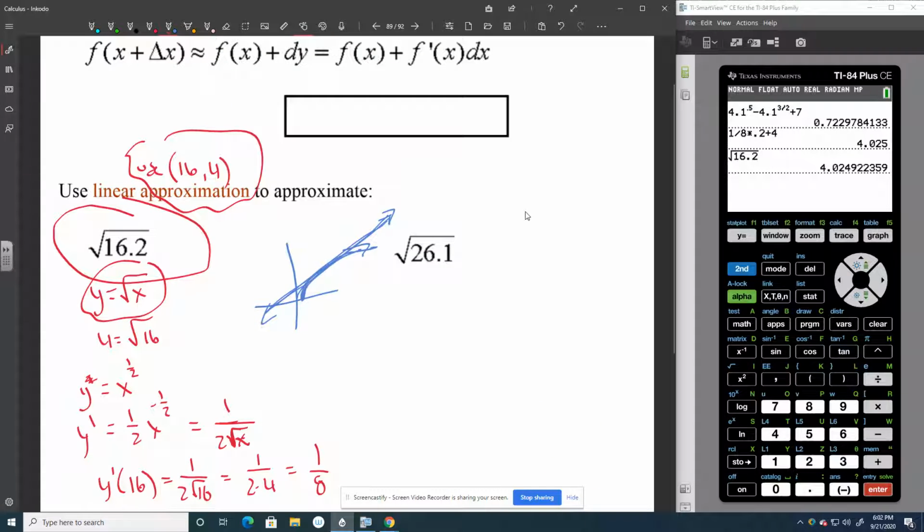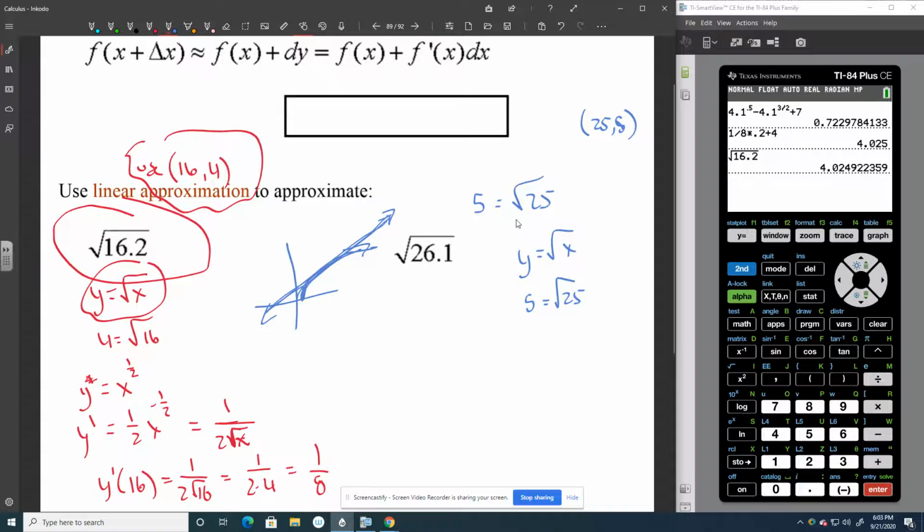So to do this for 26.1, I've got to pick a new value that's closer to 26.1 that you know the square root of. If it was me, I would choose the square root of 25, because I know that the square root of 25 is 5. So my point is 25, 5.